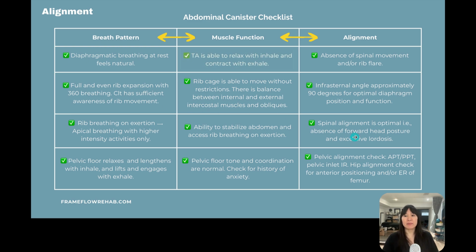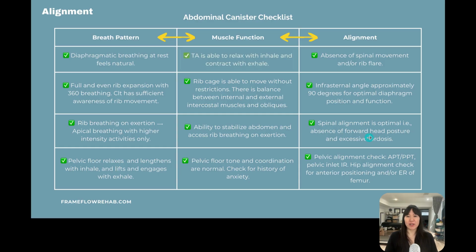Next, we're thinking of spinal alignment being optimal for whatever it is that they're doing, right? So we're checking for, as I said, forward head posture, any lordosis. This has to be in place for the core to function, for the rib breathing to happen. Hopefully that makes sense, right?